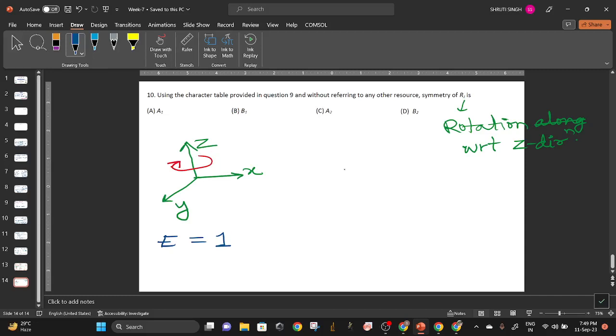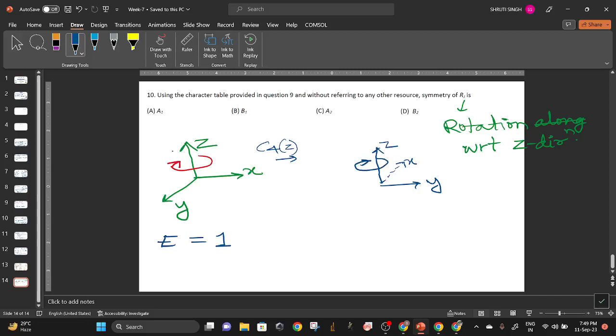So I'm applying C4z. What will happen? This X will move here, this will come here as Y, the Z axis will remain in its place, and this rotational vector will not change at all because it was along Z.